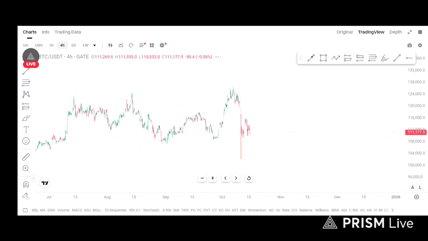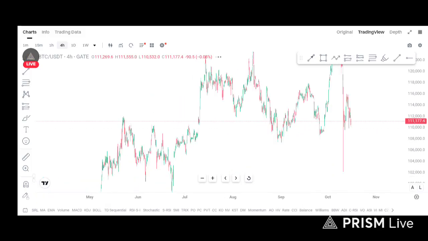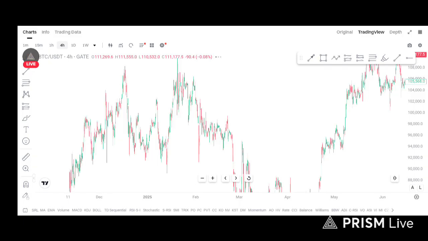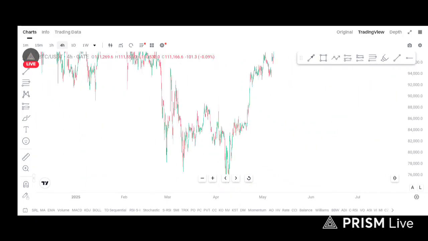Okay. So let's go to the chart and see what we have here. Let's look for a chart that is very, very clean so that you have a better understanding of what you are saying.